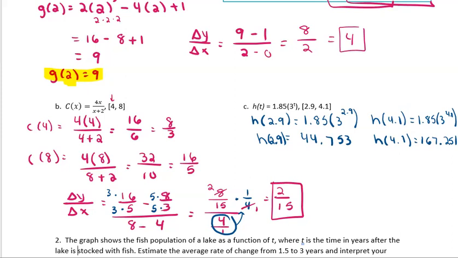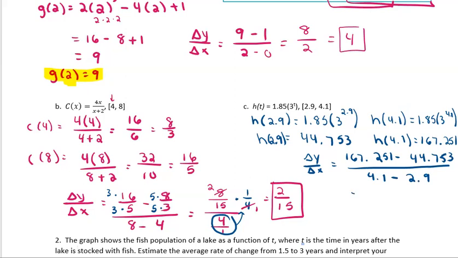So same thing, our change in y over change in x is going to look like 167.251 minus 44.753 all over 4.1 minus 2.9.